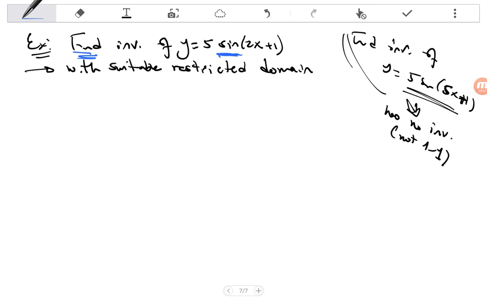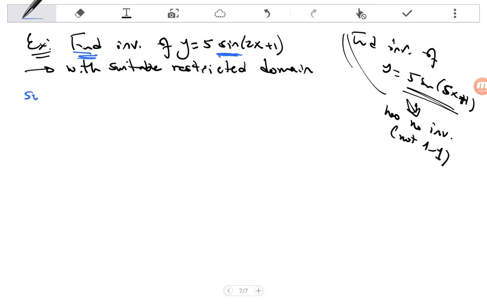I will solve for x first, then in the last step I will interchange x and y. They are equivalent steps, just in a different order. Instead of interchanging x and y first and then solving for y, I first solve for x, then in my last step I interchange x and y.